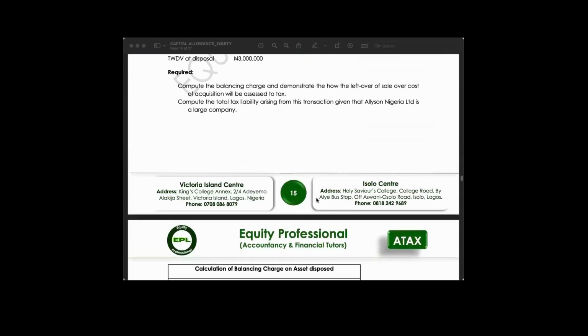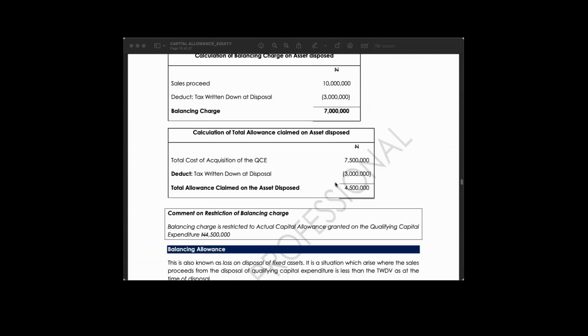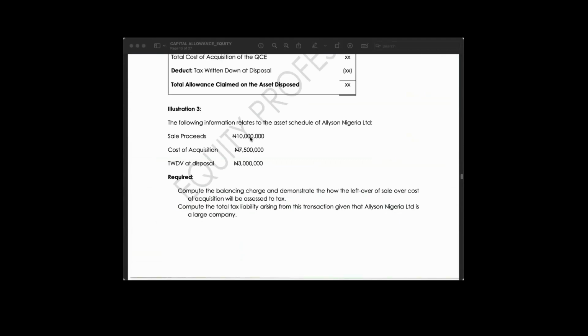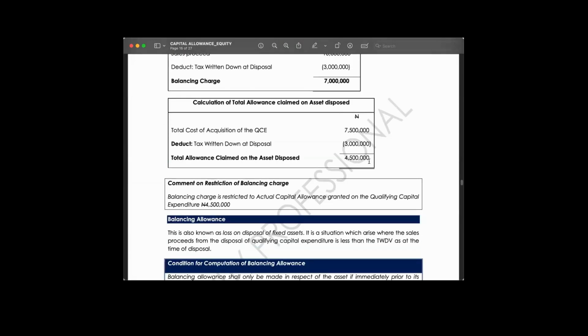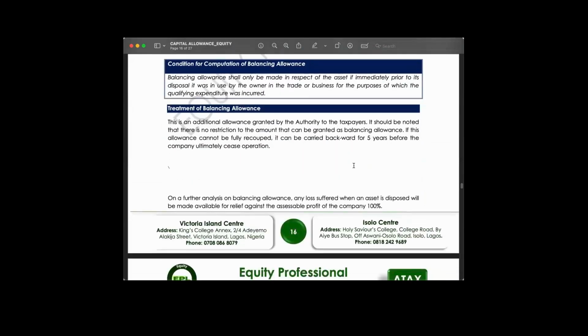To get that, you remember we got the 2.5. That is 10 million minus 7.5, which will be 2.5, and 10% of that. Meanwhile, this one will be 30% of this. So you get your total tax liability.